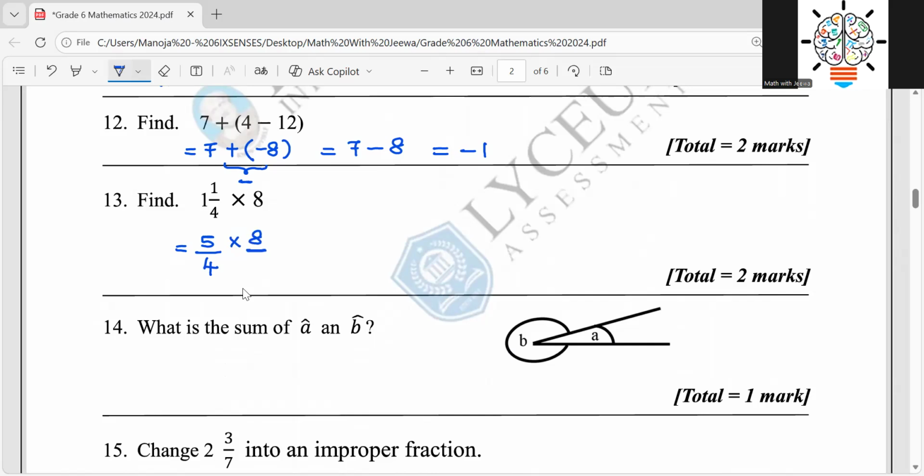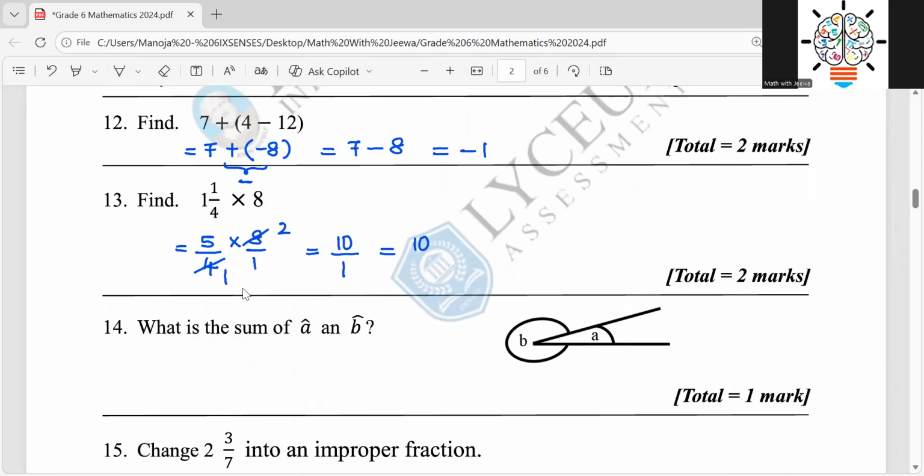This 8, I write as 8 over 1 because it's easier for me to do the simplification. Then I can simplify 4 times 1 and 4 times 2. Then I write 5 times 2, 10. 1 times 1, 1. The final answer is 10. Right? So then we will go to the next one.